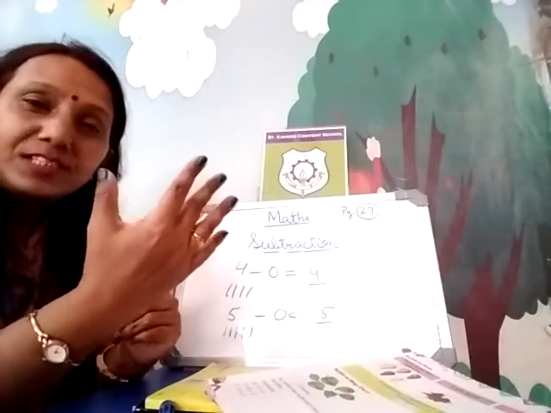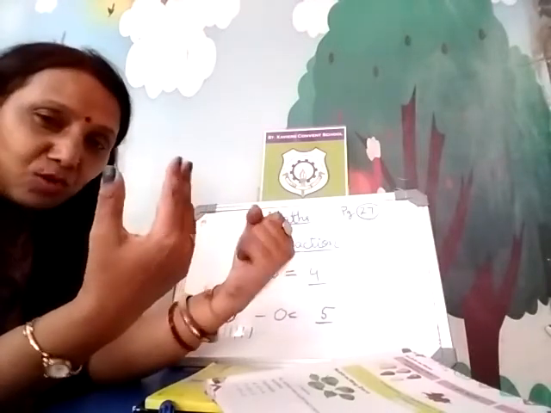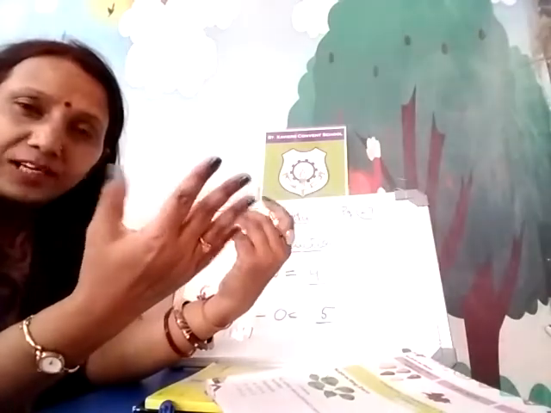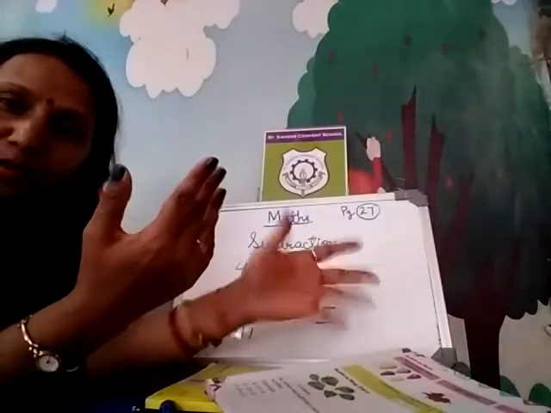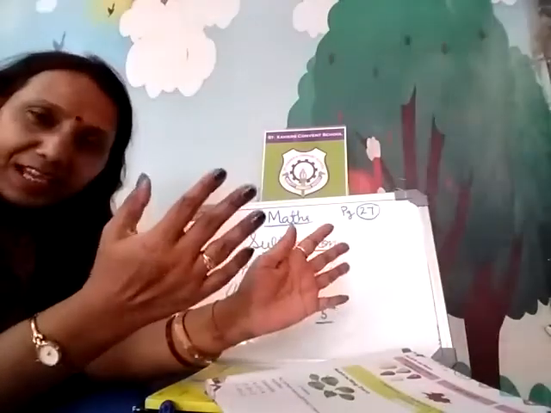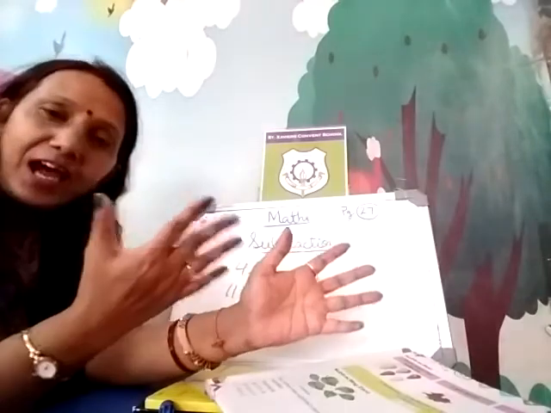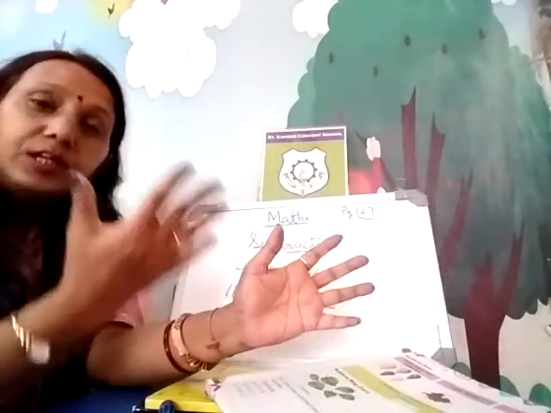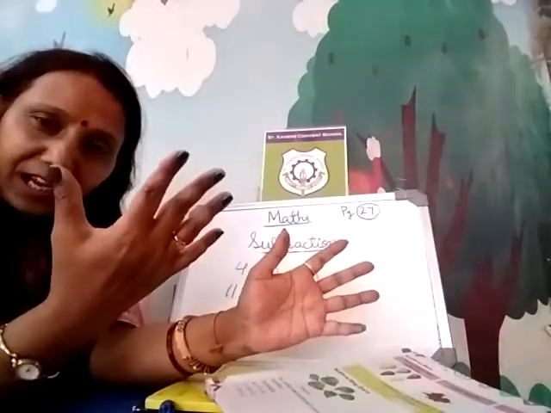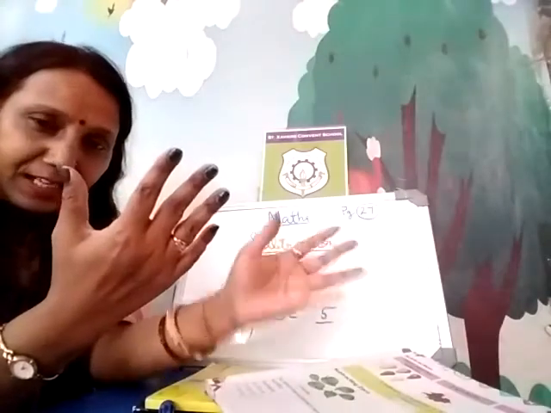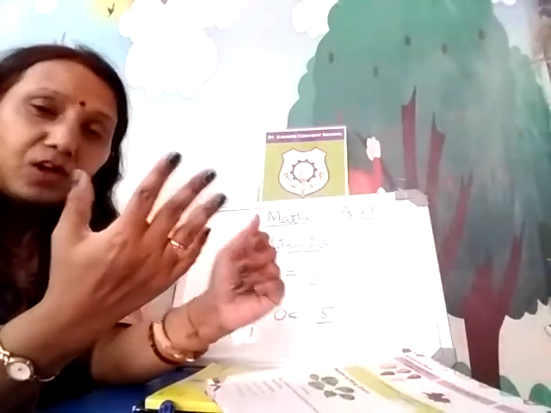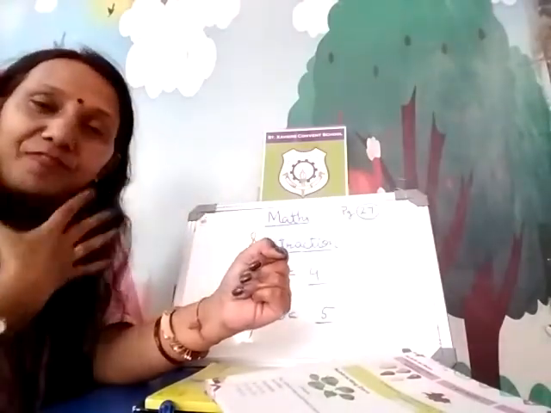You have just 0 minus, no toffees given to anybody. So 0 is nothing, and you are still having 5 toffees with you. You are having 5 chocolates minus nothing, it means 0, and you are still having 5.